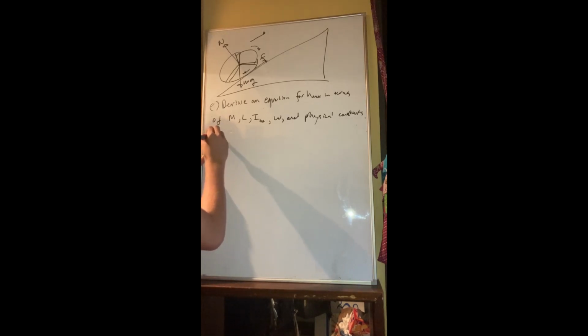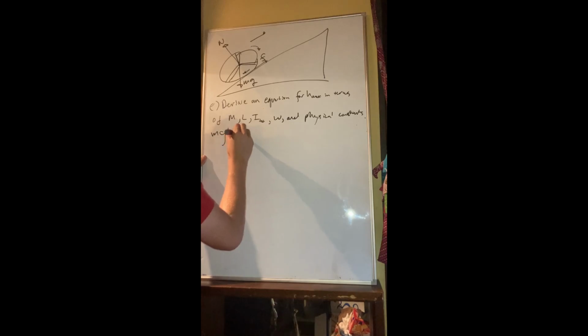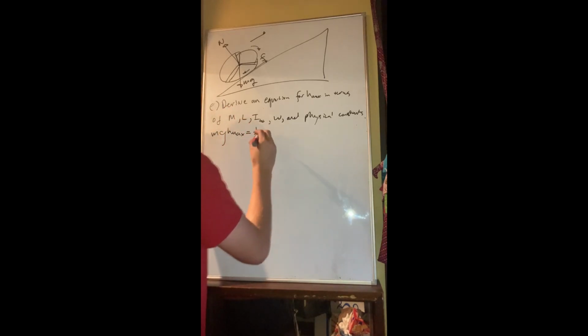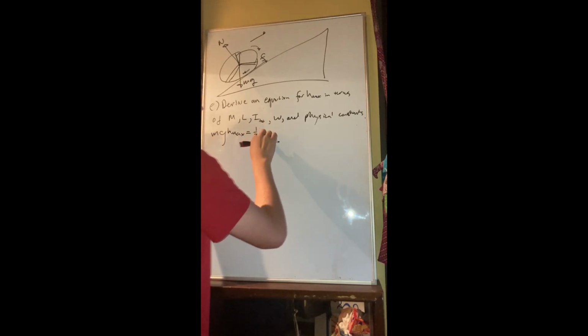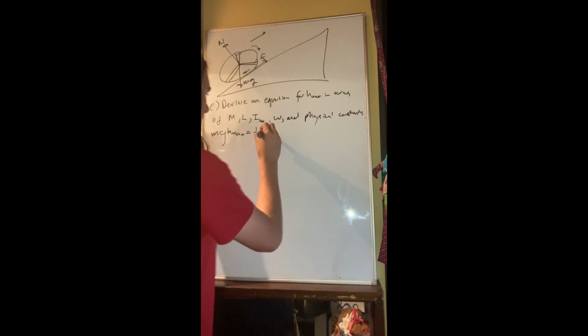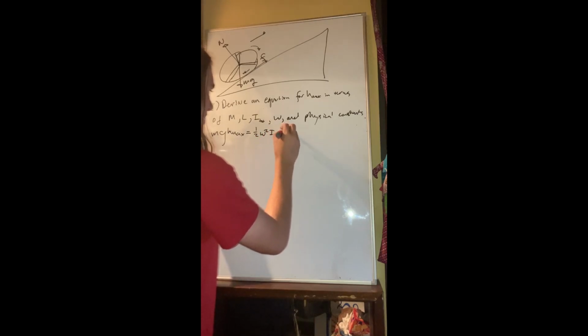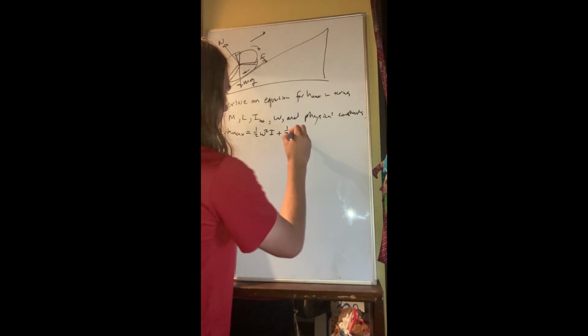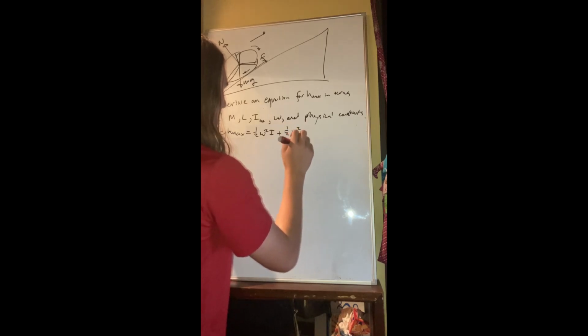Lowercase m, because this is of the entire system, times g times h max equals 1/2 omega squared times the moment of inertia, plus the translational term, 1/2 v squared times m.